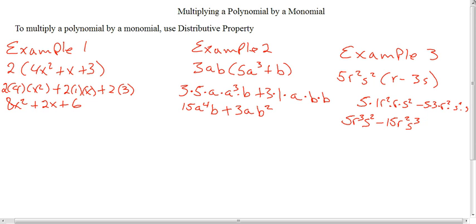So our final answer here is 5r to the third s squared minus 15r squared s to the third. And it's just, again, paying attention to your exponent properties, paying attention to what your coefficient is, and making sure that you exercise good integer rules when you multiply, and you should be good to go.